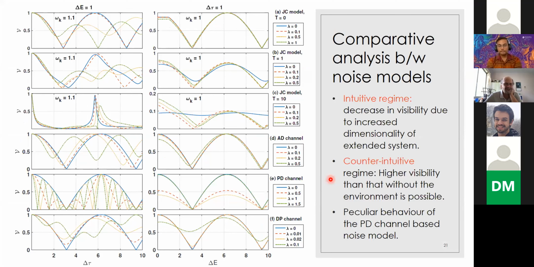So the PD channel there seems quite unusual. As a function of the proper time difference, you seem to have a much stronger sensitivity, like the oscillations are going much more rapidly. So that seems like it would make it easier to detect a gravitational effect in this sense.